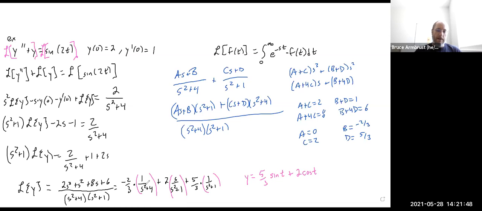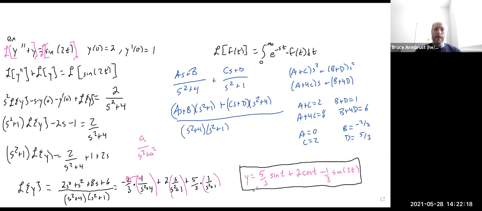And then the one with 1 over s squared plus 4, the form was a over s squared plus a squared, so I'm going to bring that 2 in so it looks exactly like what I want. That gives me minus 1/3 sine of 2t. We can put a box around this, and there's the solution to this initial value problem.